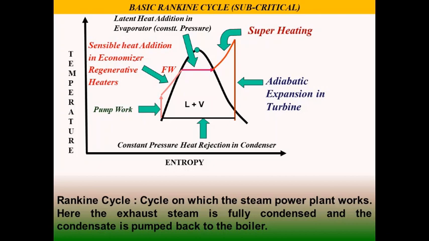When this saturated water reaches the drum, from the drum through the downcomer it is circulated within the water walls, and within the water walls whatever heat is added is actually latent heat, and due to this addition of latent heat we get a mixture of water and steam which comes back to the boiler drum again.